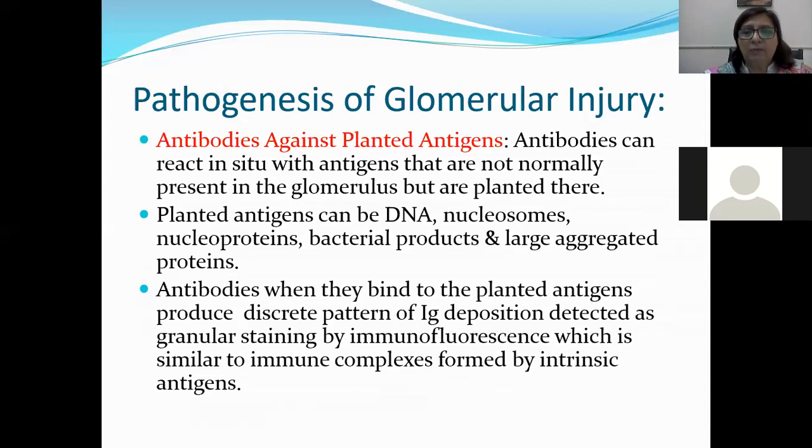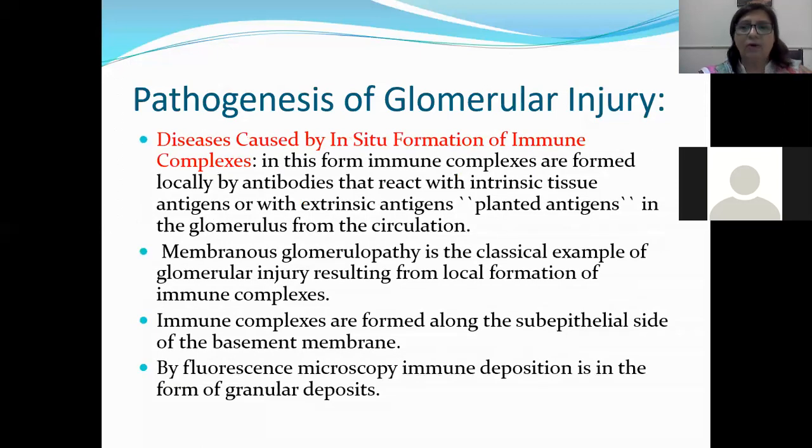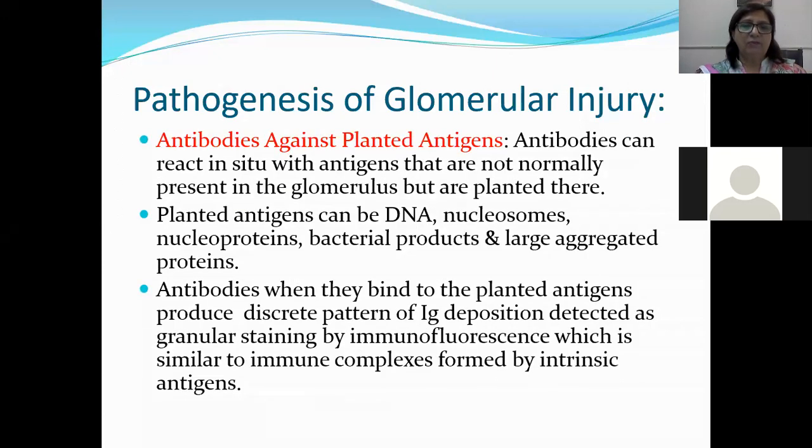Antibodies, when they bind to the planted antigens, produce a discrete pattern of IgA deposition detected as granular staining by immunofluorescence, which is similar to immune complexes formed by intrinsic antigens. So whether the antigens are intrinsic or planted, the antibodies which form against them and lodge on them will both produce granular staining on immunofluorescence.